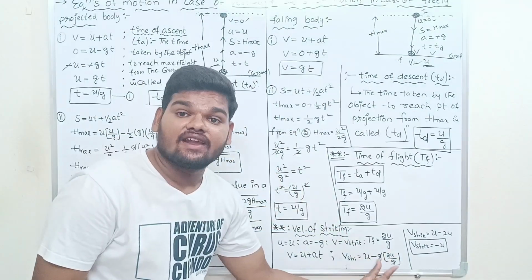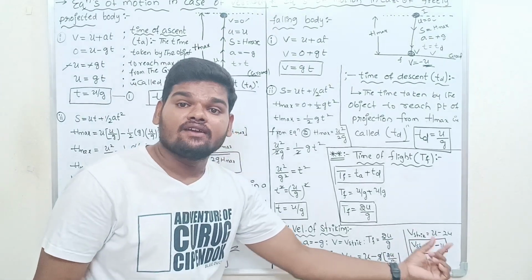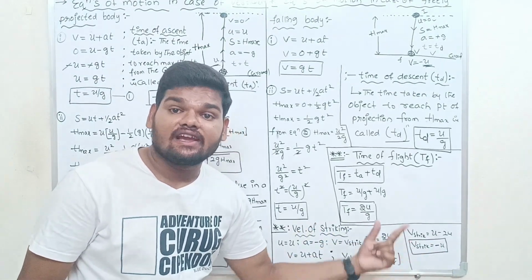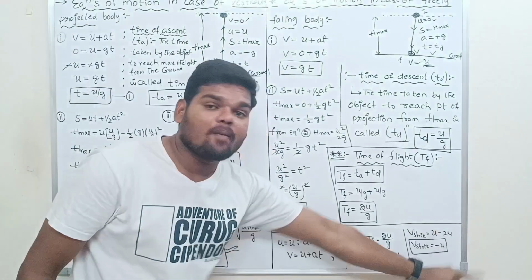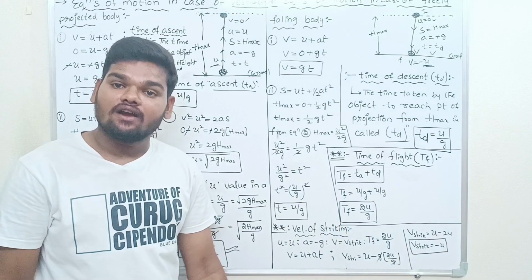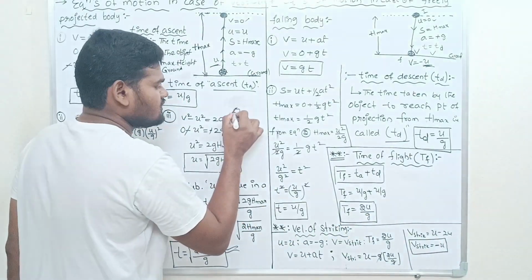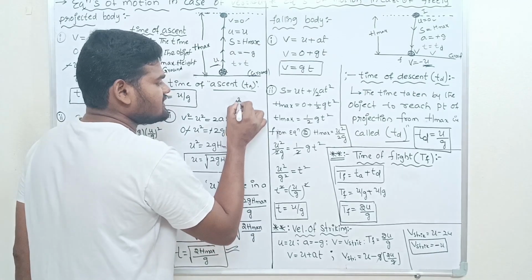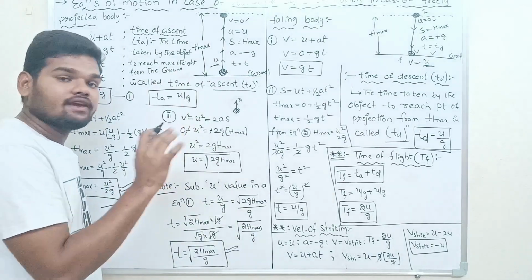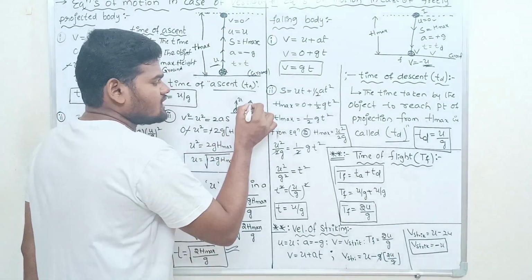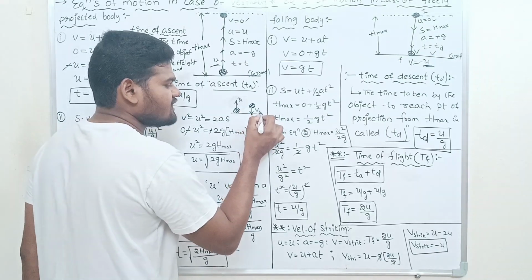Right. So velocity of striking is equal to minus u. Velocity of striking has the same magnitude as the velocity of projection, but is opposite to the initial velocity of the object. This is the initial velocity with which we projected the object from the ground. Now the object is moving towards the ground and hits the ground with the velocity of striking.